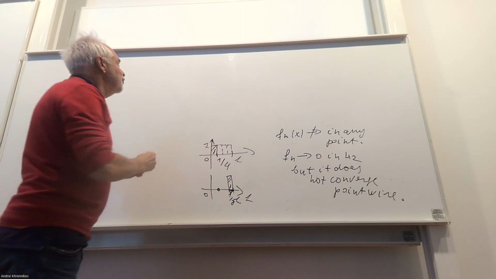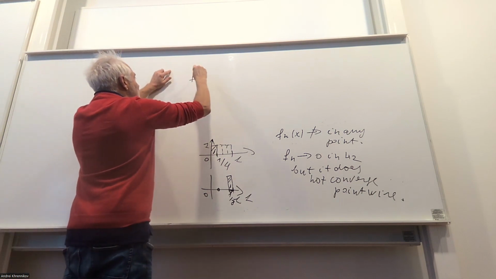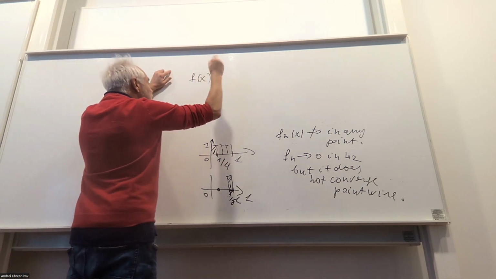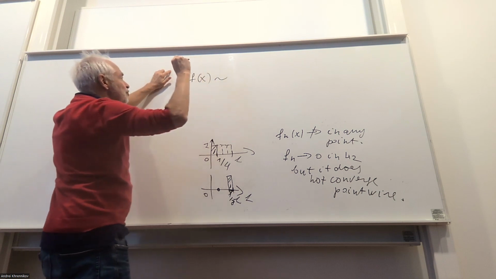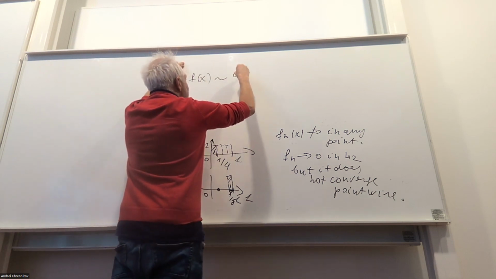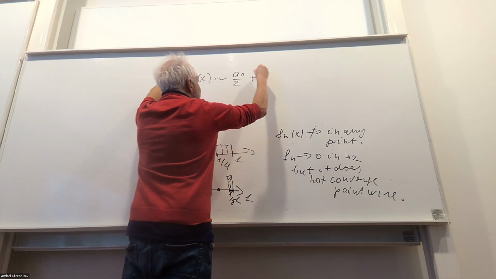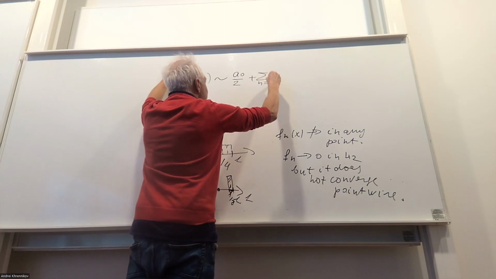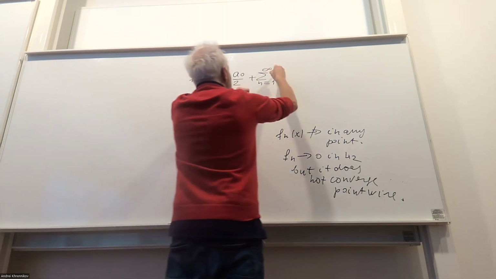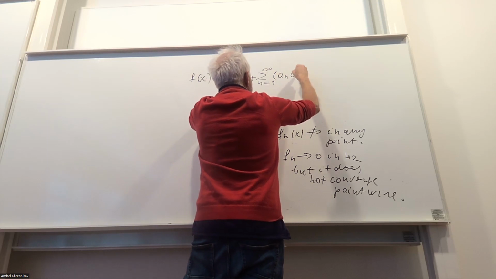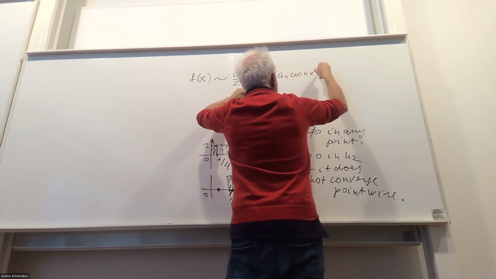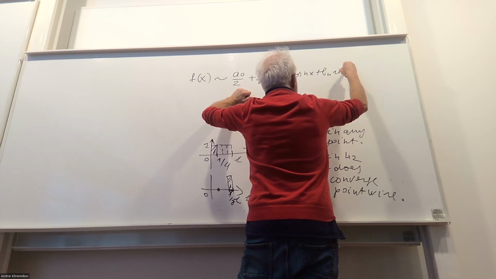Now, if you consider the Fourier series, I write just not equal, because I don't know whether it converges or not, but just the series, and the coefficients we calculated before are integrals, a_n cos nx plus b_n sin nx.